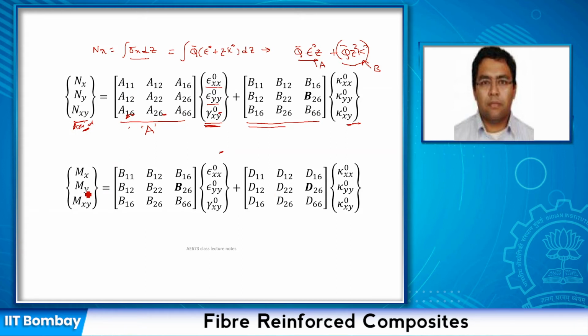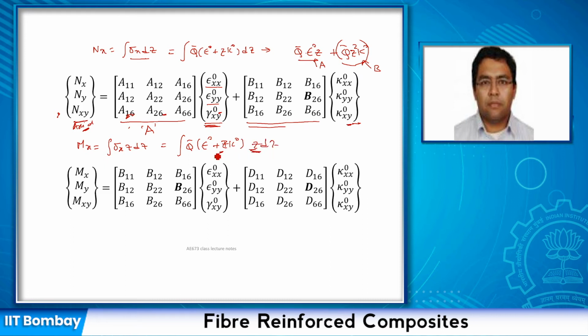We get the quadratic term in the first one, which is multiplying with epsilon 0x. Again, if you recall from the formulation, we had sigma x z dz, isn't it? So now what will happen if I substitute my epsilon 0 plus z kappa 0 times z dz?